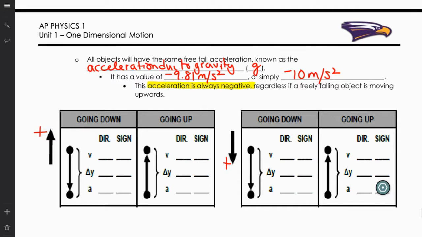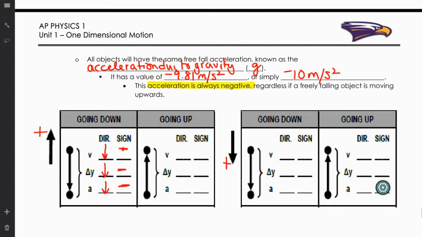For example, this first box says going down. This would be as if an object was falling down. So our velocity is down, our displacement is down, and remember our acceleration is always down. But because we define the positive to be upward, the velocity would have a negative sign, the displacement would have a negative sign, and the acceleration would also have a negative sign.